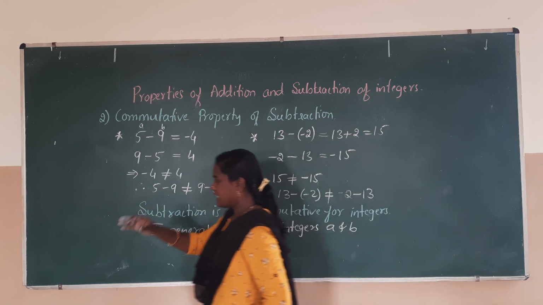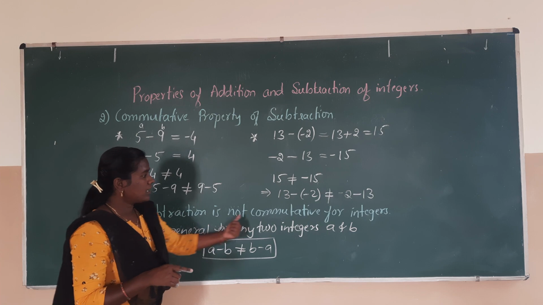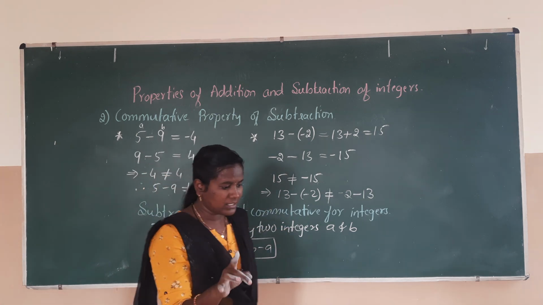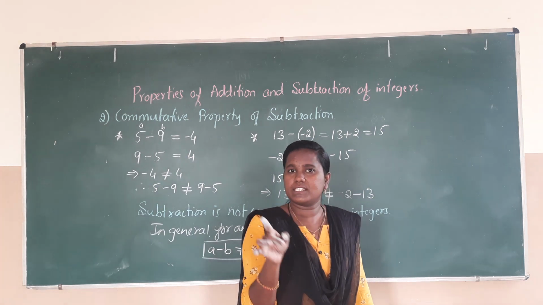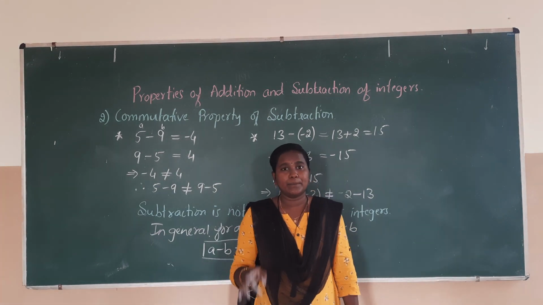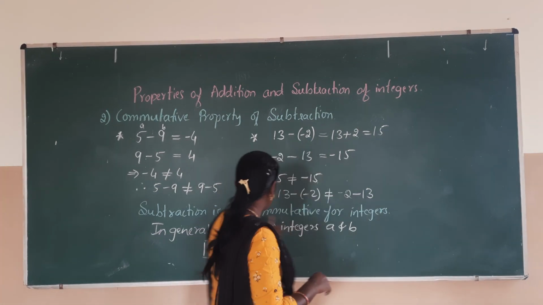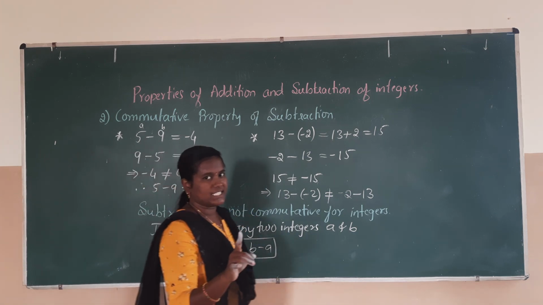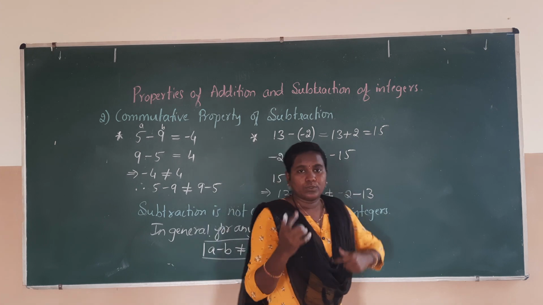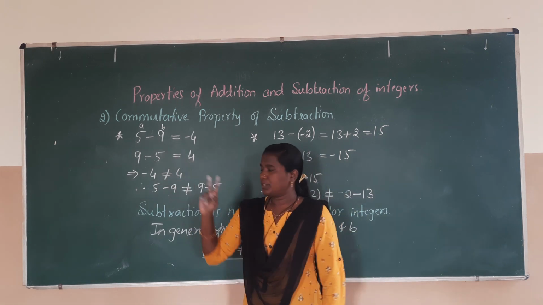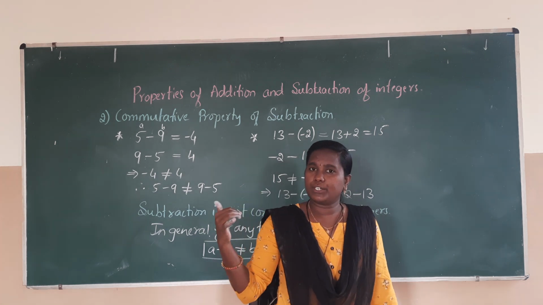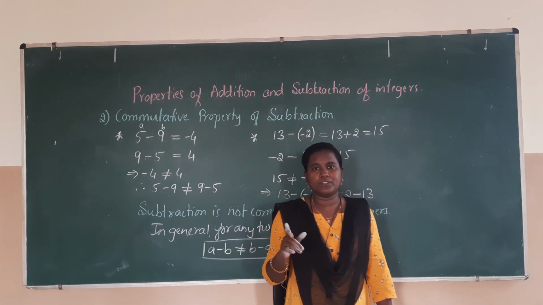So here it is clear that addition is commutative for integers. It means that A plus B is equal to B plus A. But subtraction is not commutative for integers. Are you getting? We are studying two properties, closure property of addition and subtraction, and commutative property of addition and subtraction.